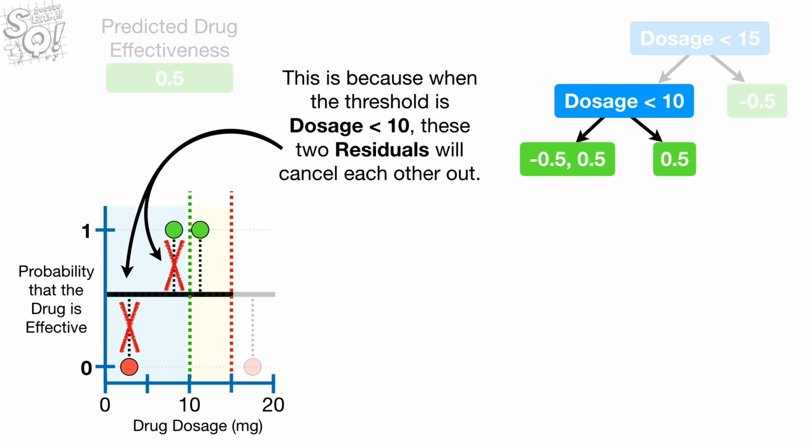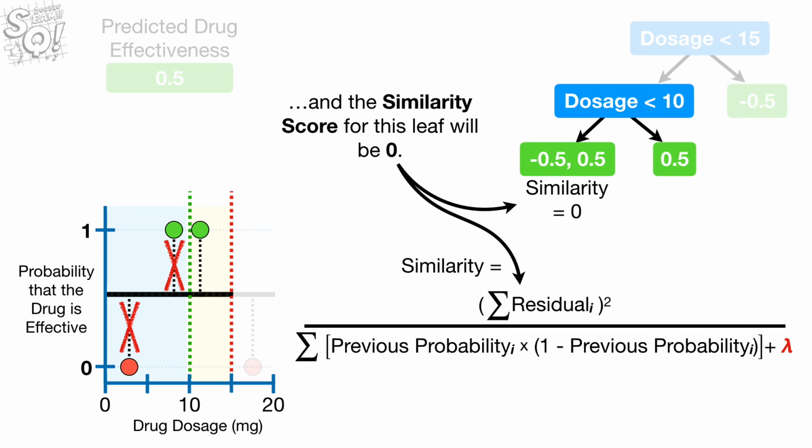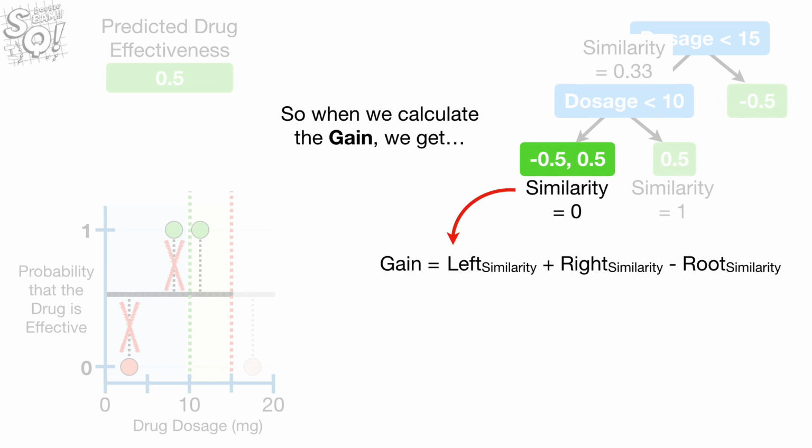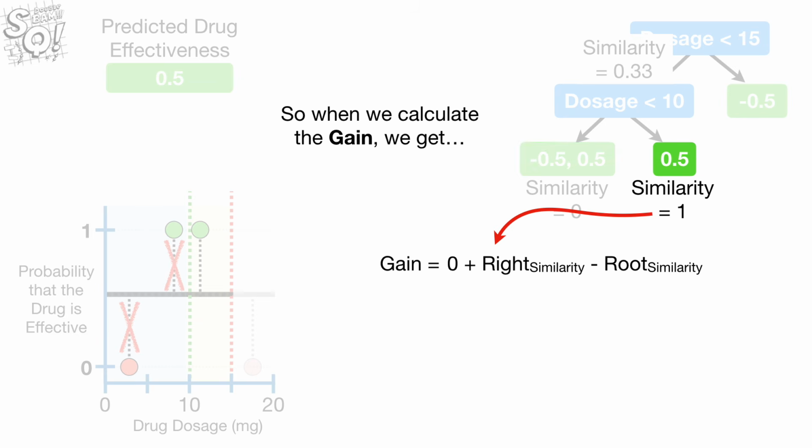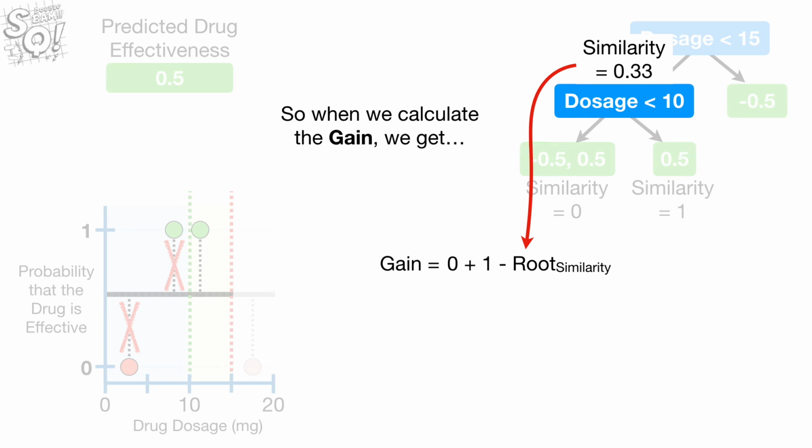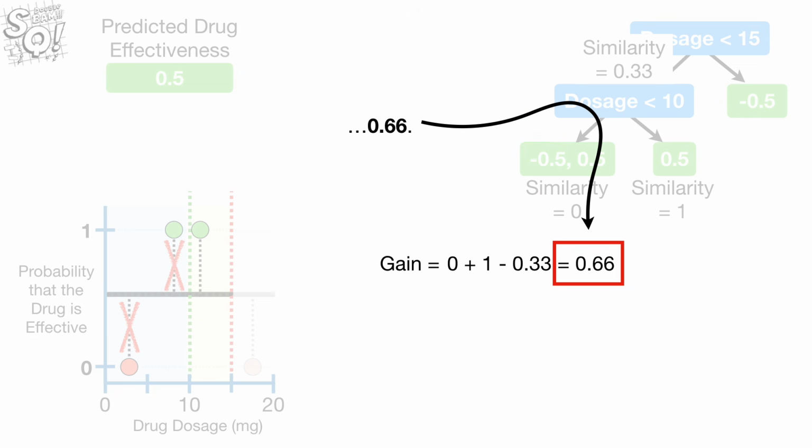This is because when the threshold is dosage less than 10, these two residuals will cancel each other out. And the similarity score for this leaf will be 0. So when we calculate the gain, we get 0.66.